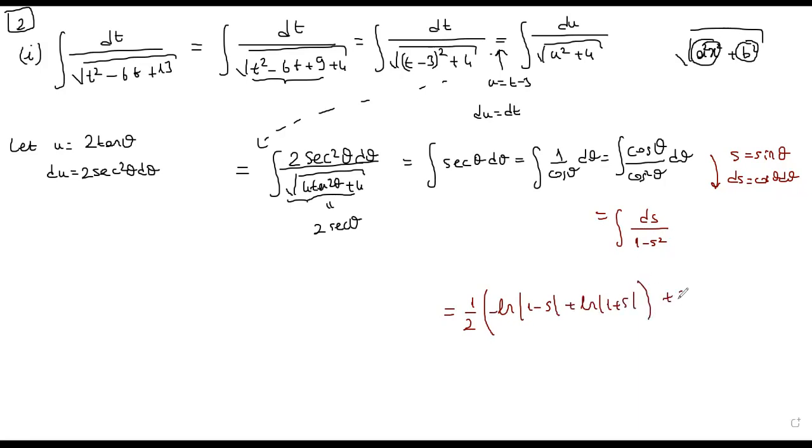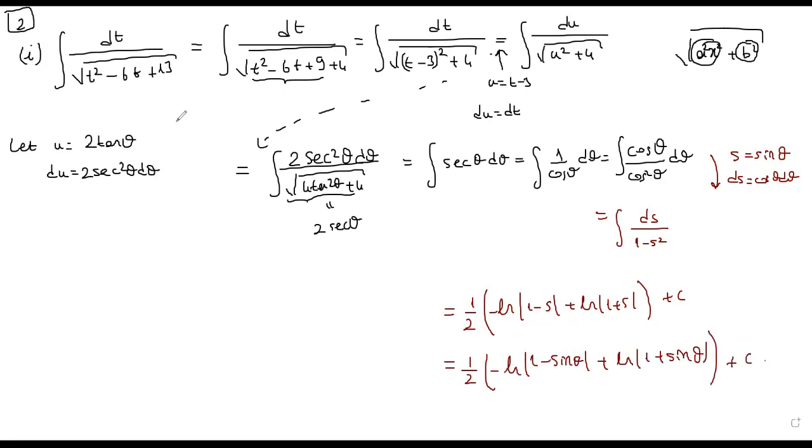We just did that, okay? And so what do we get? s is equal to sinus theta. So we will write that. Let me write here directly. Minus ln of 1 minus sinus theta plus ln of 1 plus sinus theta plus some constant.